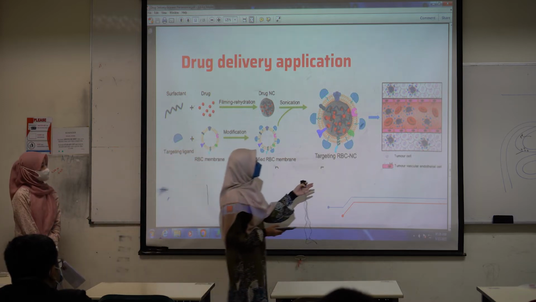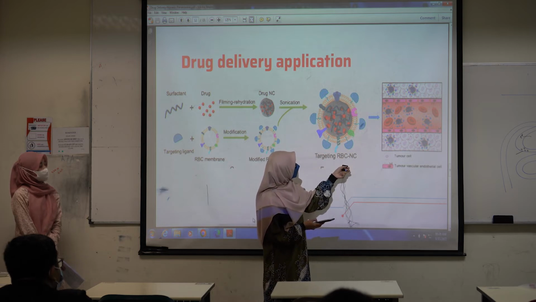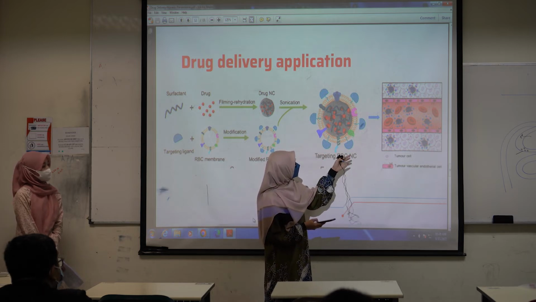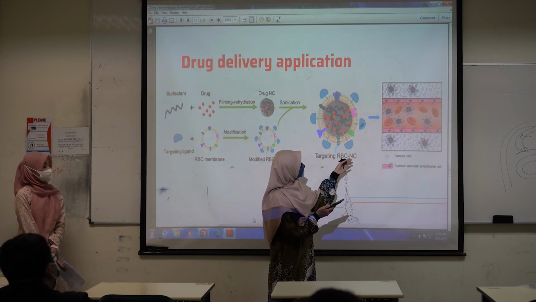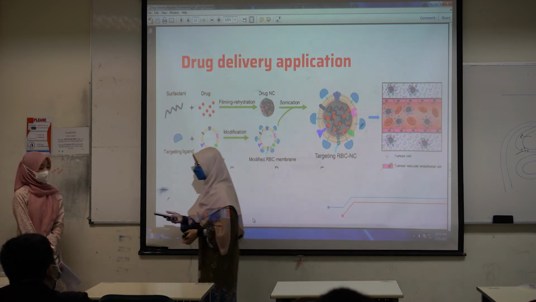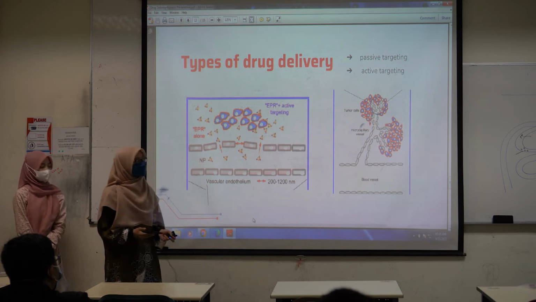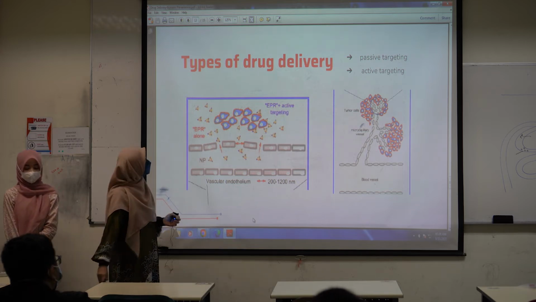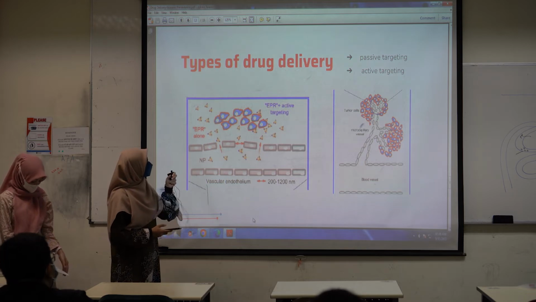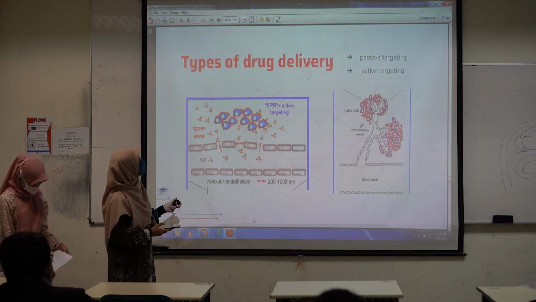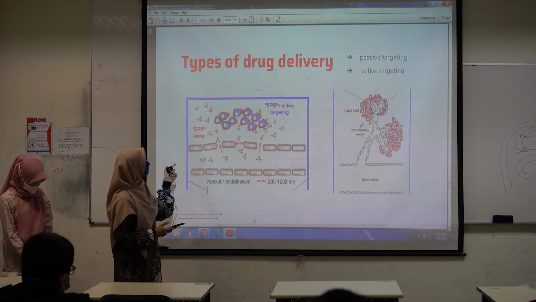As you can see here, the ligands attach to the integrins of the tumor cells and also the neovasculature onto the surface of the red blood cell. There are two types of targeted drug delivery, passive targeting and active targeting. Passive targeting works by the EPR effect.